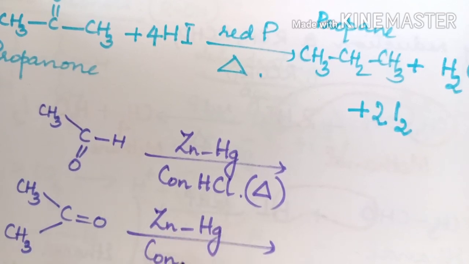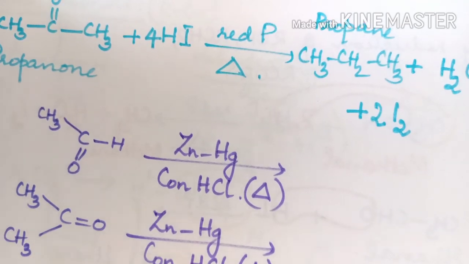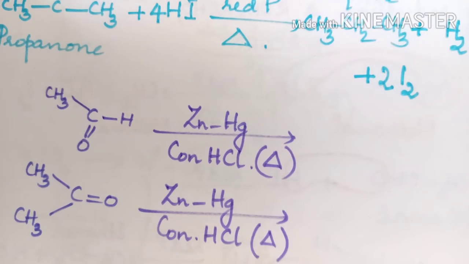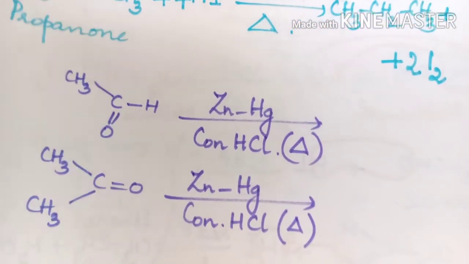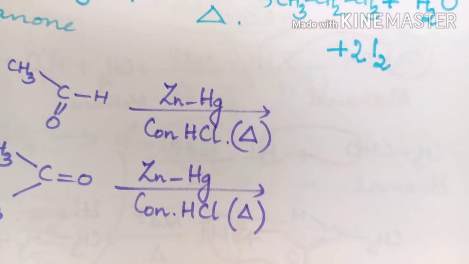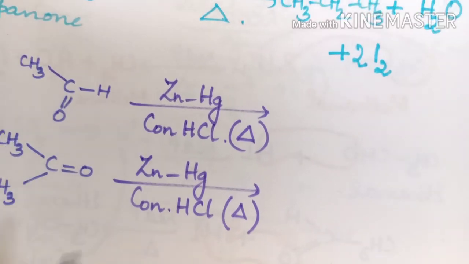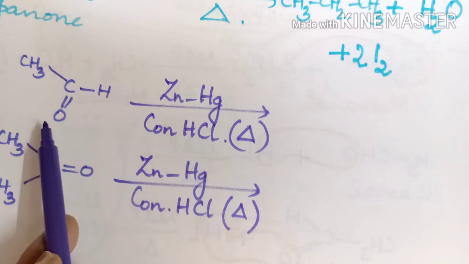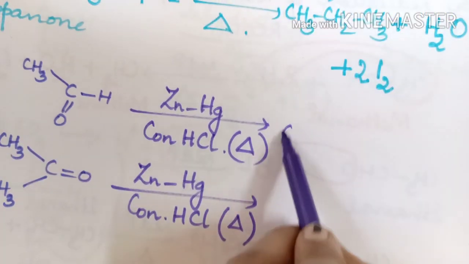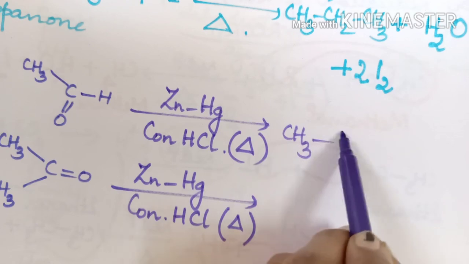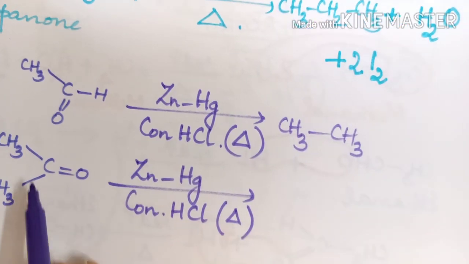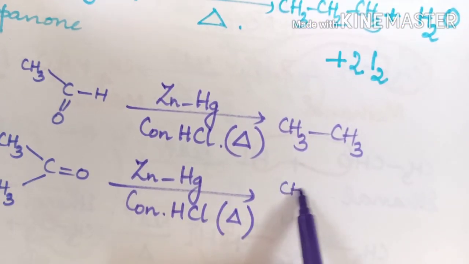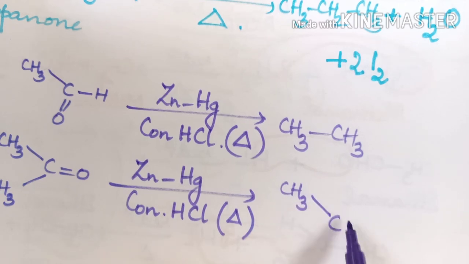In both cases, we are using zinc amalgam in the presence of concentrated HCl. The double bond O breaks. The carbonyl compound is reduced here, supplying nascent hydrogen, and it results in CH3CH3. In the second case, you get CH3 single bond CH2 single bond CH3.